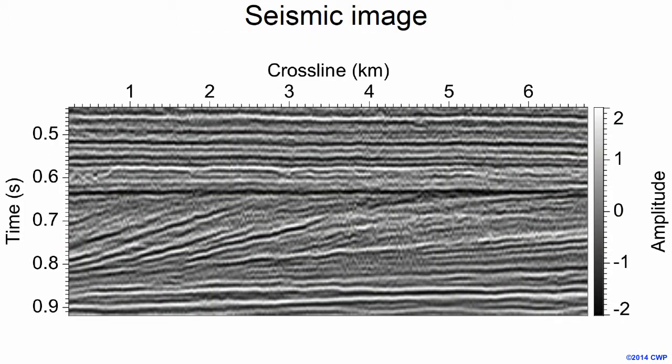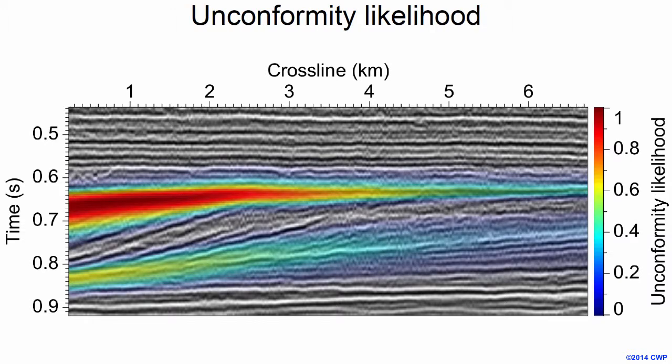So here is a 2D real seismic image with two unconformities. But if you cannot recognize these two unconformities, then you may want to use our method to compute the unconformity negative image, which is overlapped on the seismic image, to highlight the positions of the unconformities.